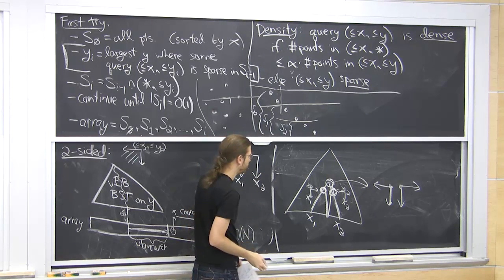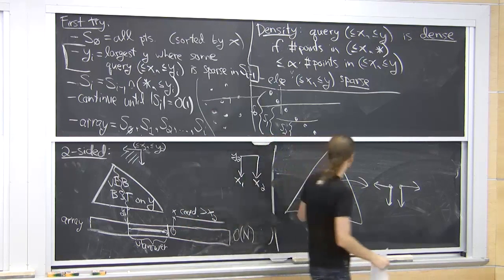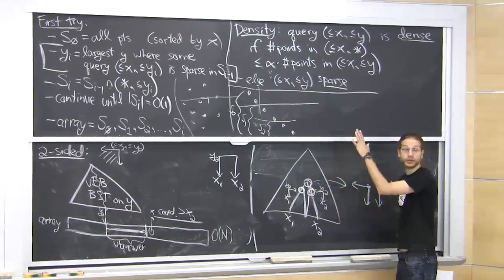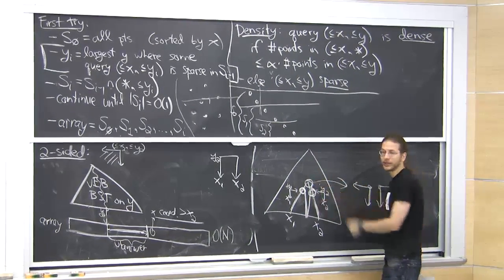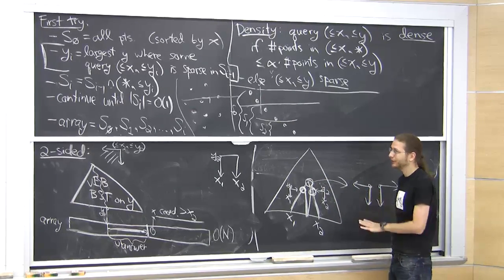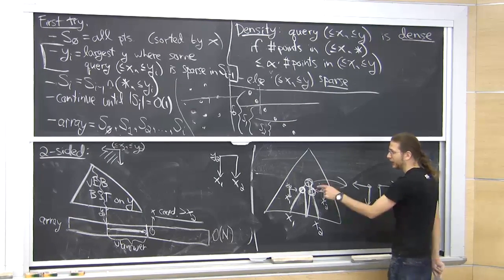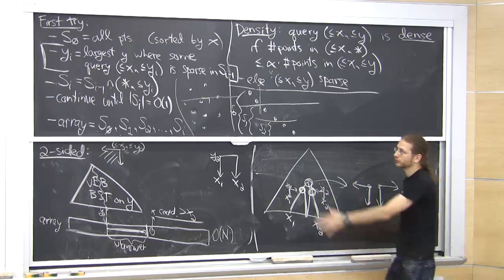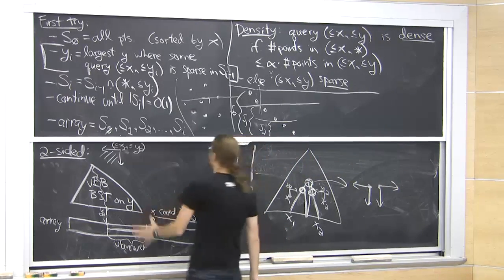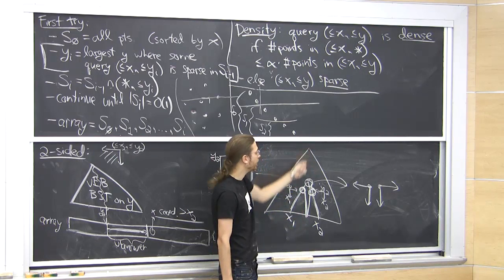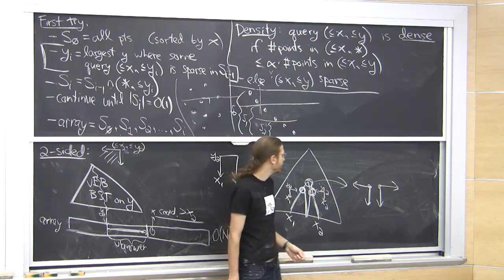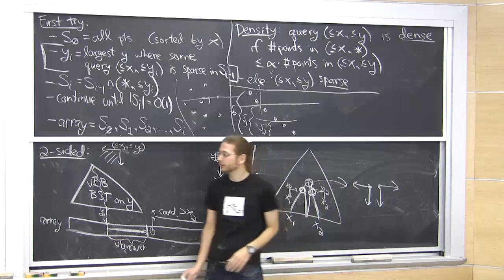No difficulty here. And the point is, in this world, you can build this, put it in a van Emde Boas layout. You do this search, you do this search, you find the LCA in log base B of n to check that everything works cache-obliviously. Then these structures are just structures which we already built. And so, yes, we lose a log factor because every point appears in log data structures, but that's it.